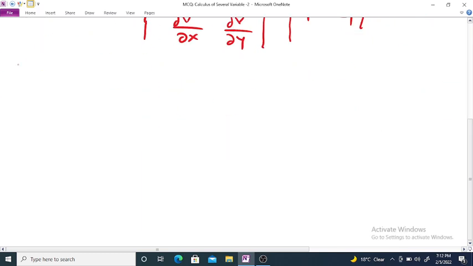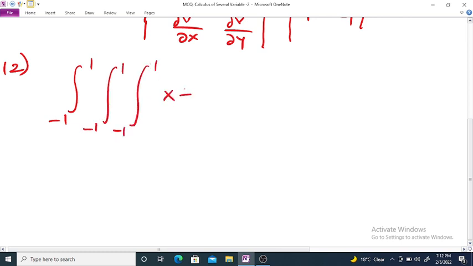Question number 12. Evaluate the triple integration from minus 1 to 1 of x plus y plus z dx dy dz.